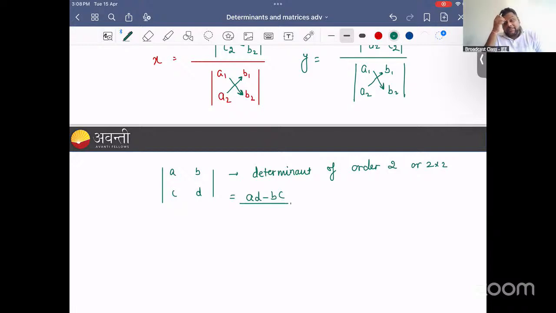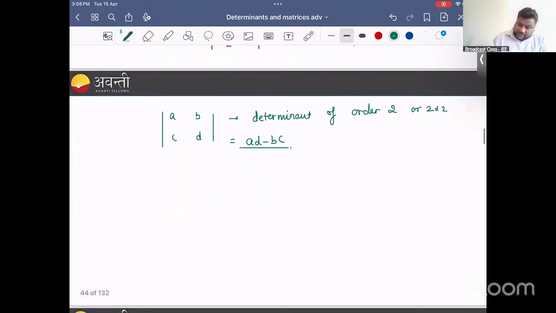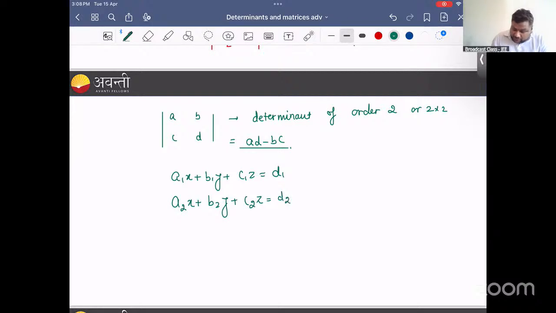AD minus BC. Now, in the same manner, say you have three linear equations in three variables: A1x plus B1y plus C1z equals D1, A2x plus B2y plus C2z equals D2, and A3x plus B3y plus C3z equals D3.